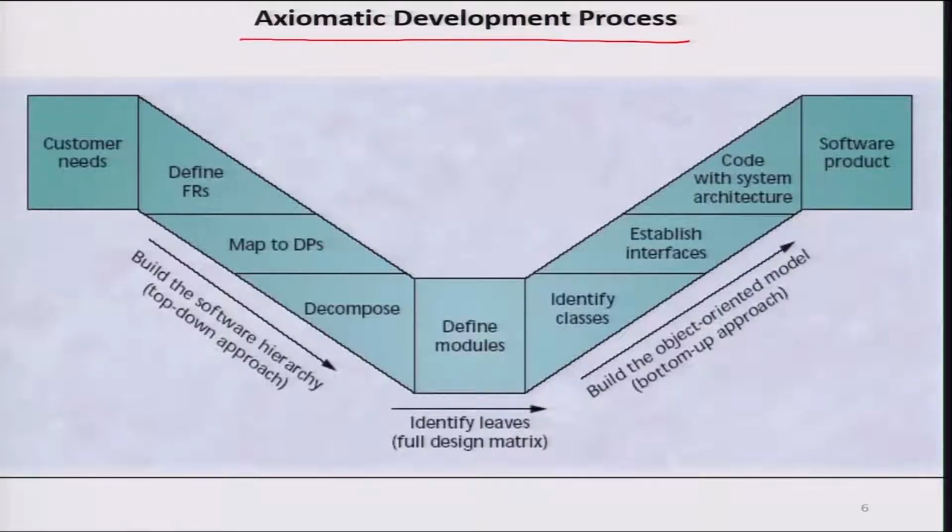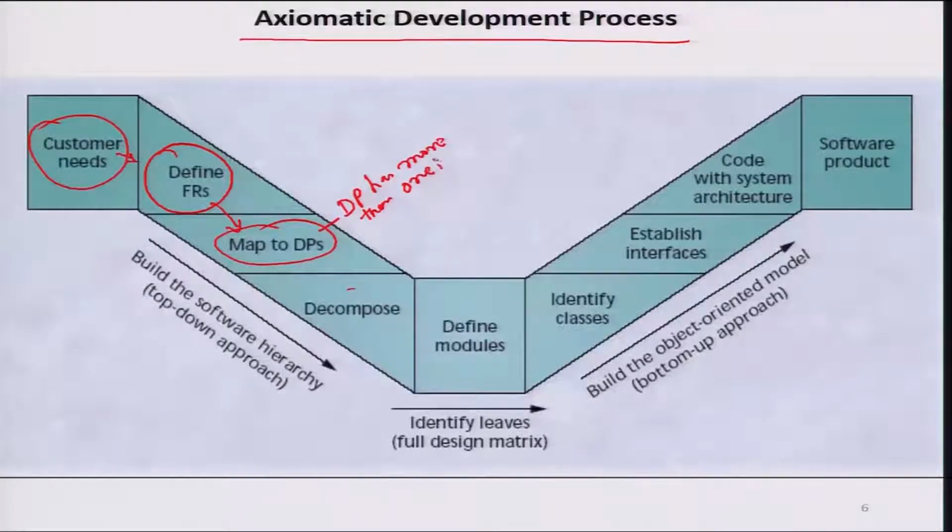So how does it work? First the customer need, as I said in the earlier slide. After getting the needs from your customer, convert his wishes into your functional requirements. Then map them into design parameters. If the DP is more than one in number, then you will have to decompose it, so that the effect of each parameter is taken into account in solving your customer's need.